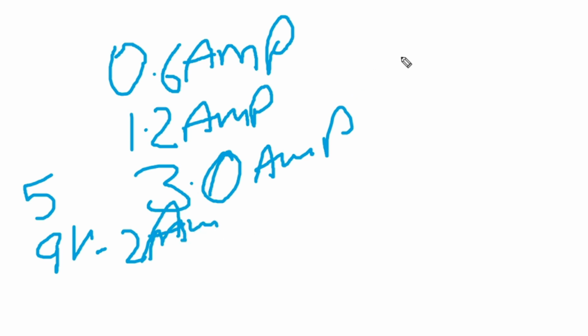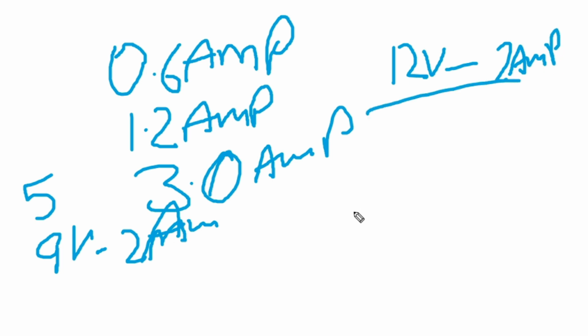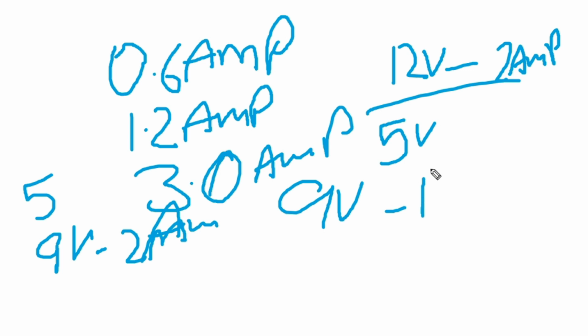You will see some phones at 12 volt, 2 amp or 3 amp. Before, it was only a 5 volt charger. Nowadays you will see charger consumption at 9 volt, 12 volt.